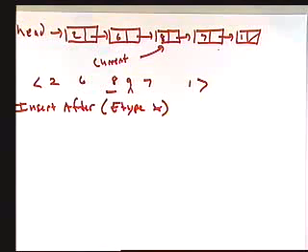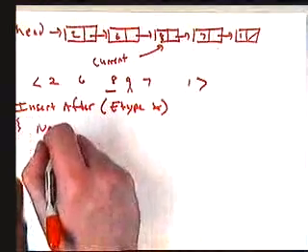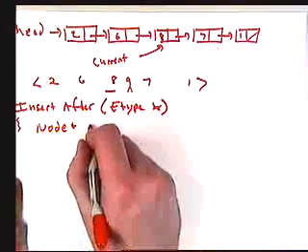One thing we definitely have to do, beyond the shadow of a doubt, is allocate a dynamic node. However else we get things to work, we will need to allocate a dynamic node to hold our value. So we may as well do that first. Let's say we have here a node pointer temp.